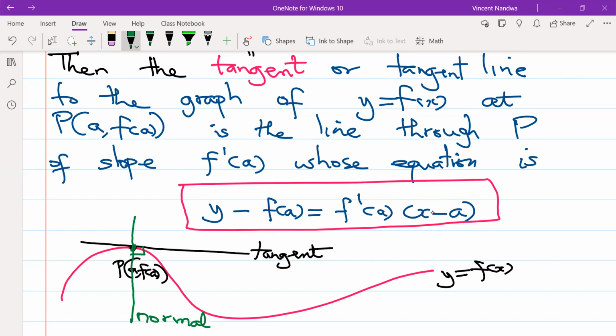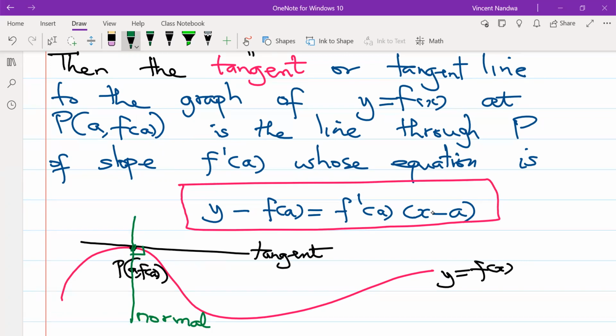And in Math 125, we discussed how to find equations of lines and also equations of perpendicular lines. So you should be able to find the equation of the tangent at a point and also the equation of the normal at the same point, because the point remains the same.